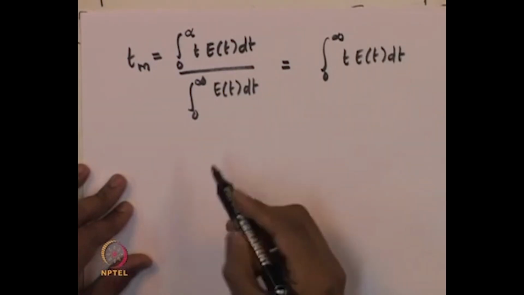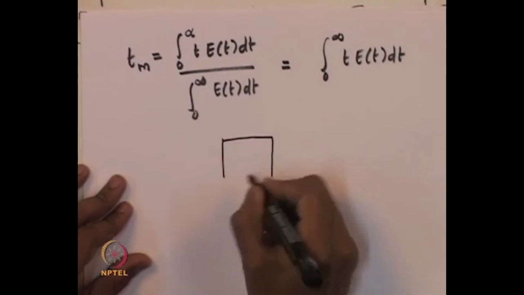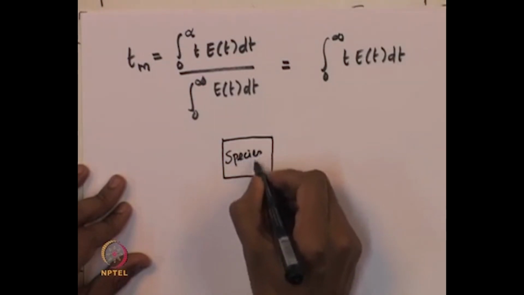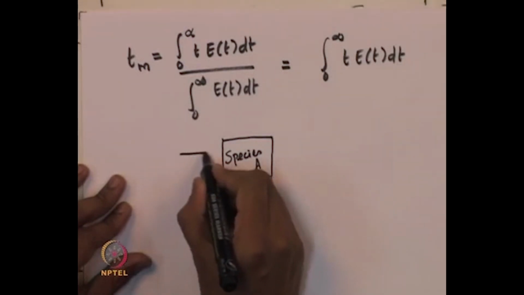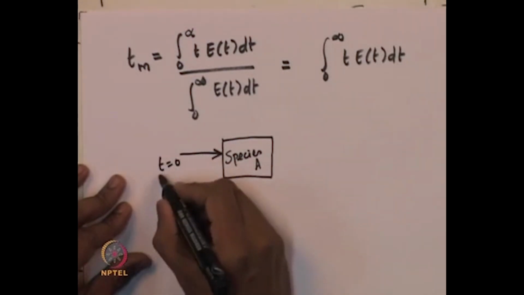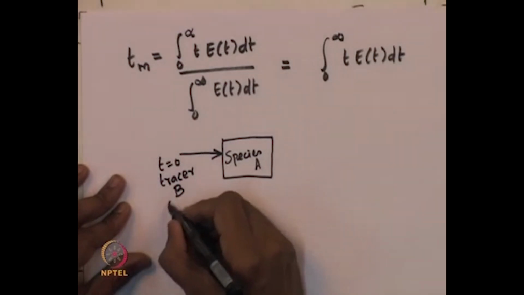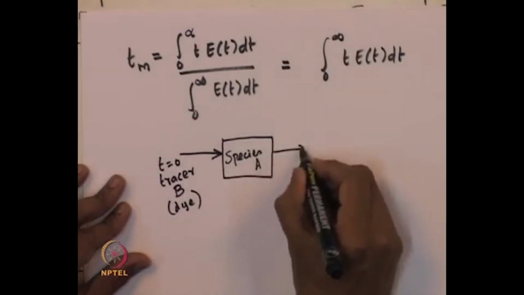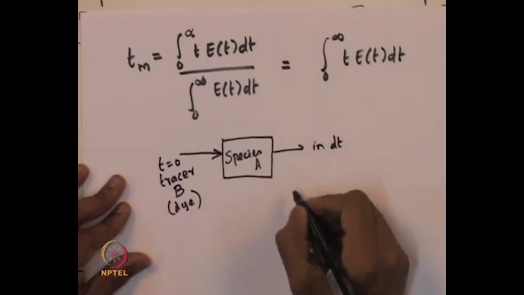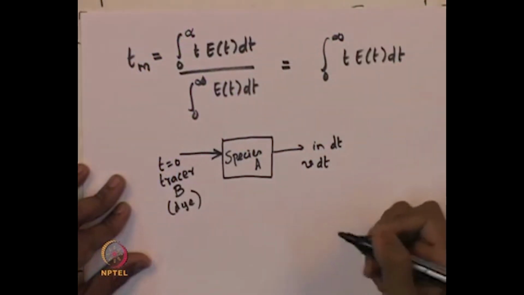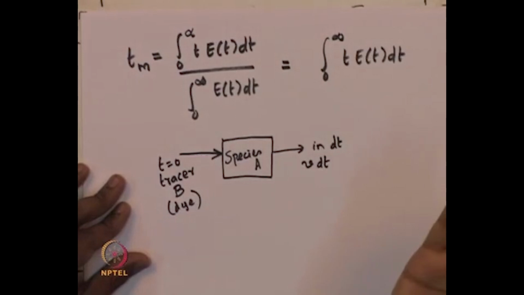Now, let us consider a reactor and assume that it is filled with species A. Let us say that at time t equal to 0, a tracer, species B, is injected into the reactor, let us say it is a dye, and then in some time dt, the amount which is leaving the reactor in this time delta t, whose age lies in that interval, is given by V times dt, where V is the volumetric flow rate with which the fluid leaves the reactor.